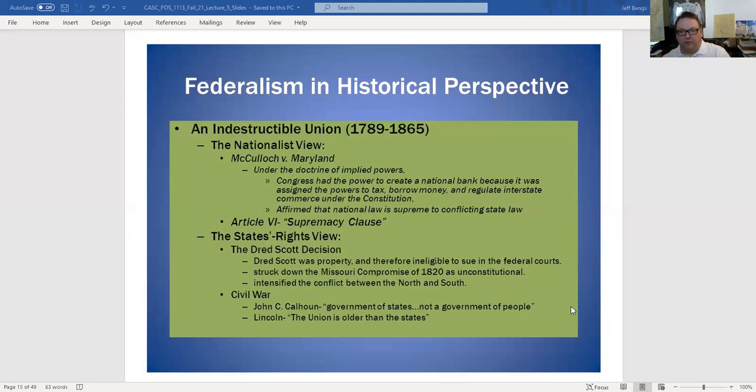What the Supreme Court basically did was it struck down the Missouri Compromise as unconstitutional. Dred Scott was sent back to, I guess, his master's family. And what this did was this intensified the conflict and the friction between the North and the South.